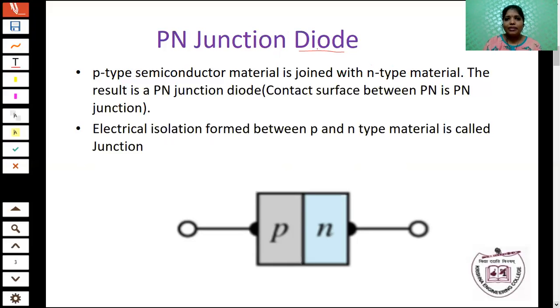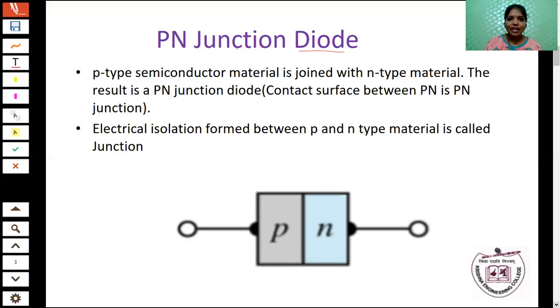This PN junction diode is a base for all the diodes. There are many different types of diodes, like PN junction diode, LED, laser diodes, photodiodes, etc. Now we are going to see about the PN junction diode, because it is the base for all the other diodes.